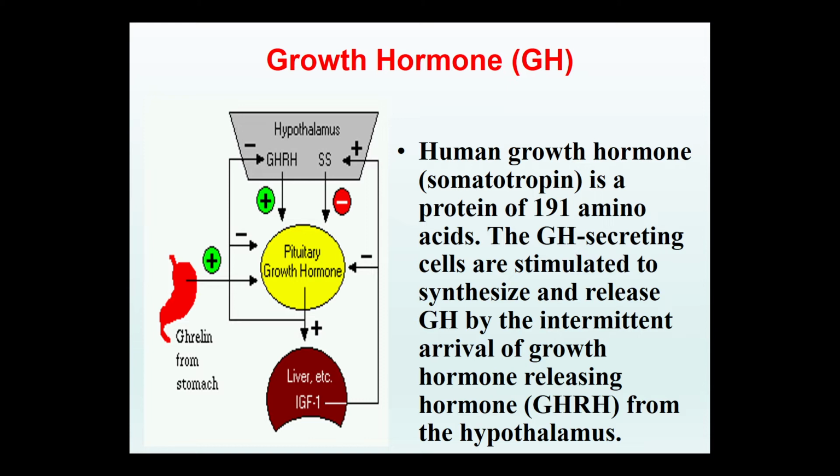Growth hormone secretion is also part of a negative feedback loop, you see, involving insulin-like growth factor 1. A high blood level of insulin-like growth factor 1 leads to decreased secretion of growth hormone, not only by directly suppressing the somatotrophs, but by stimulating release of somatostatin from the hypothalamus.